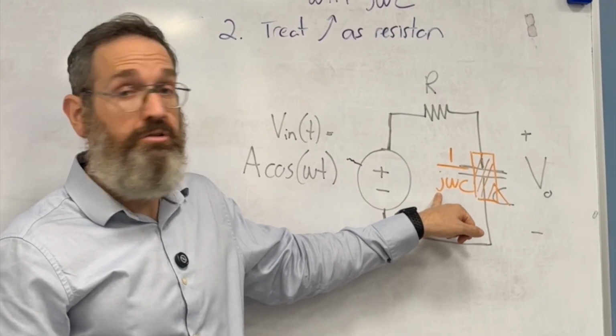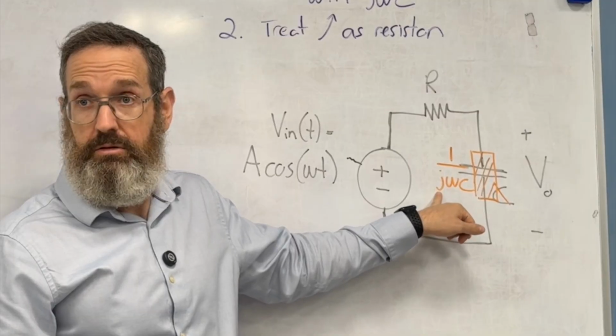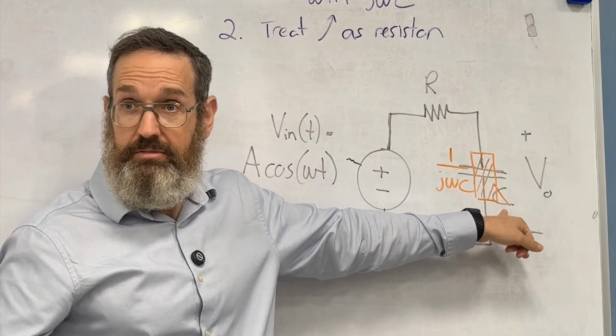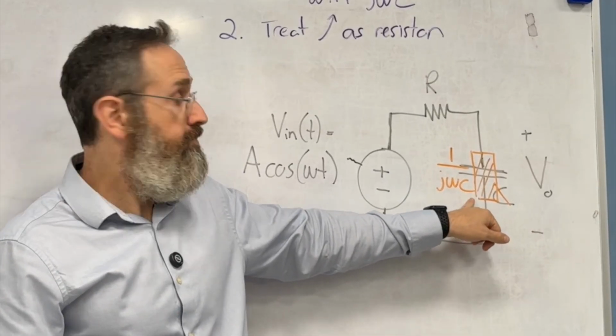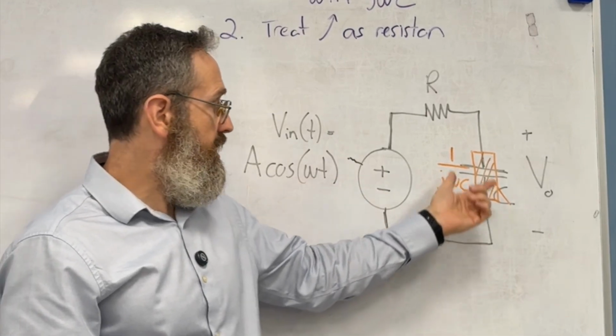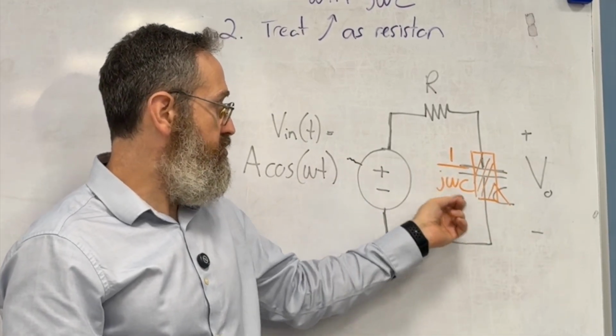J is the square root of -1. C is whatever number was here to begin with, 7. So 7 goes here. And W is this W. So this is not an amorphous value. This is 1 over JWC.